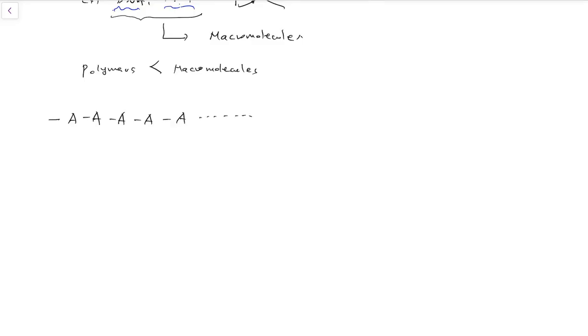So this A is the repeating unit. But it's not really convenient to write the molecular structure of polymers like this. So we denote it as A sub n.